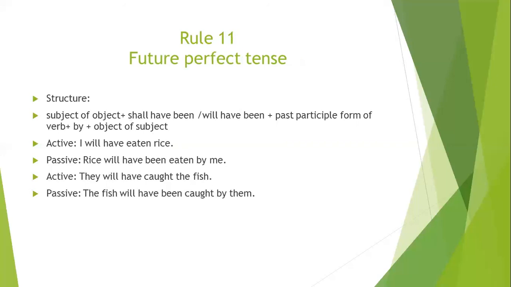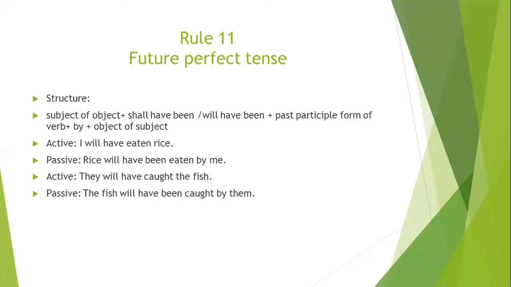Cadets, let's move to our last rule, that is future perfect tense. How you will identify future perfect tense, that is, you have to see whether there is any will have or shall have. And after the term have, there must come the past participle form of the verb. So see the structure first.